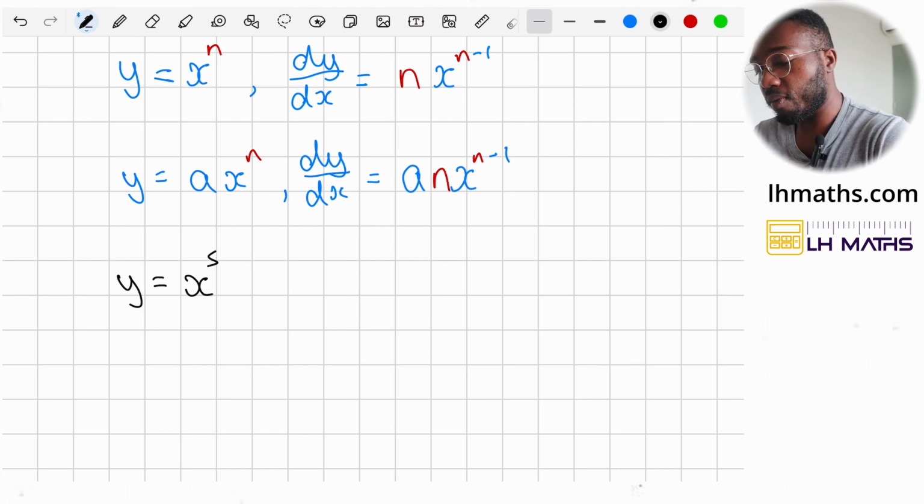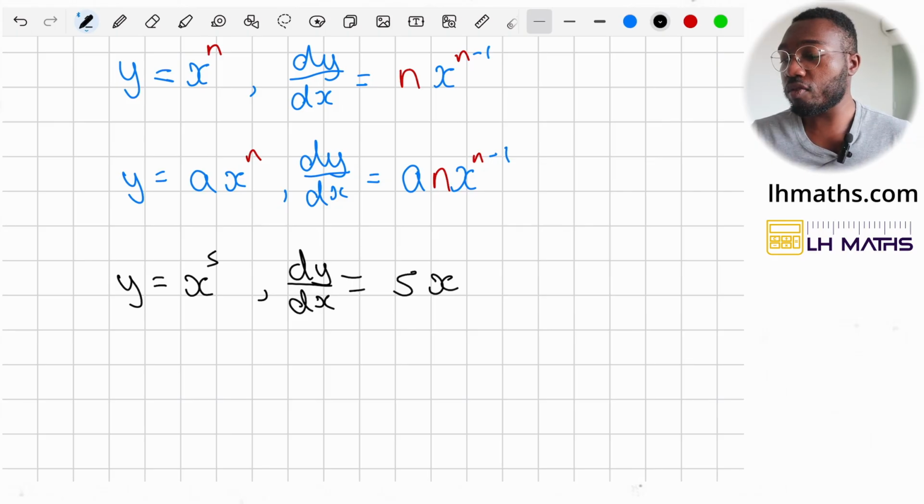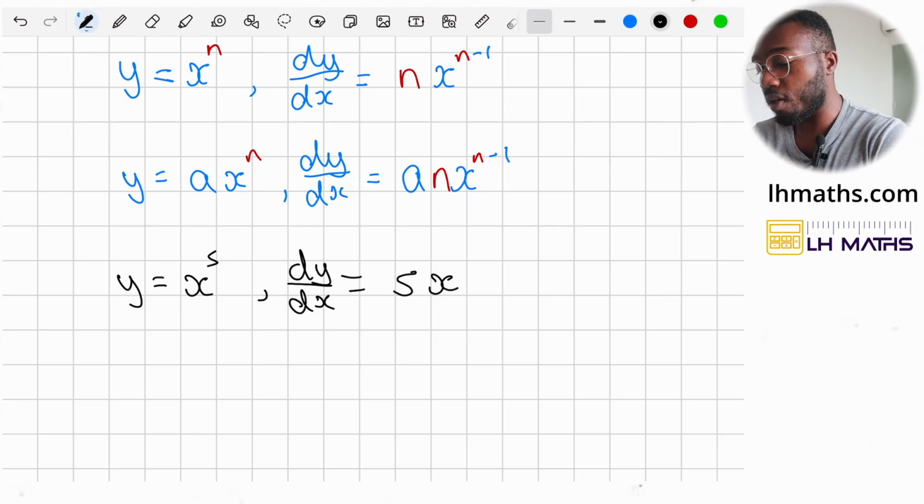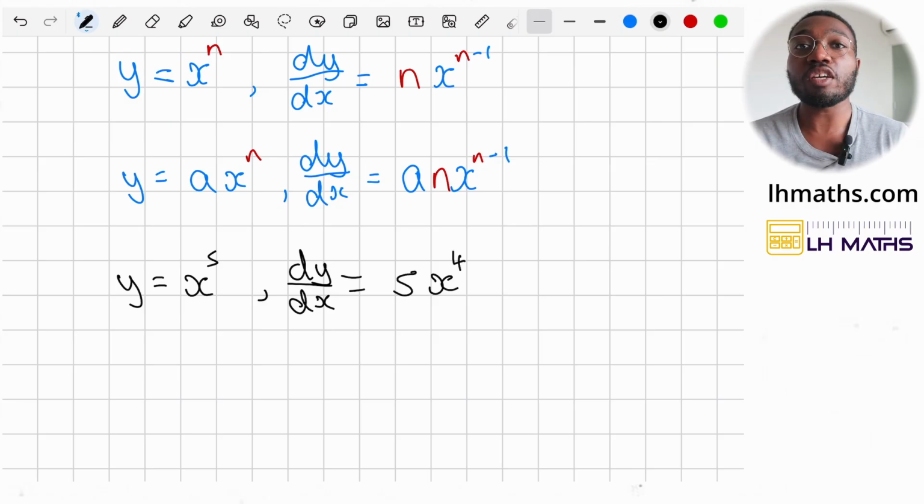So here, dy over dx equals 5x, and for the power we do n minus 1. In our case n was 5, so 5 minus 1 gives us 4. So if we differentiate x to the power of 5, it is simply 5x to the power of 4.